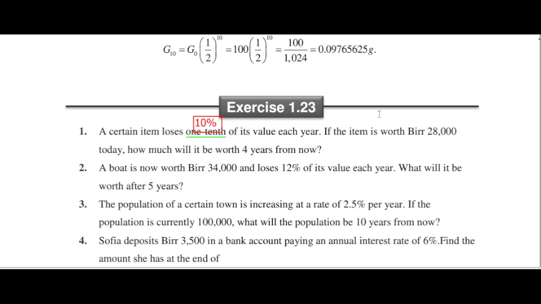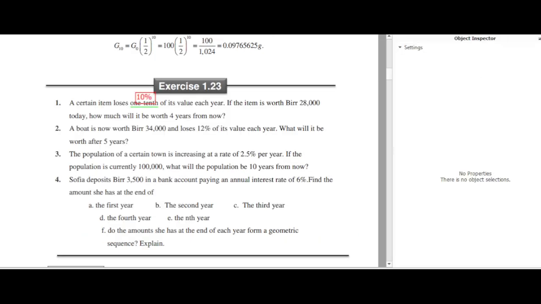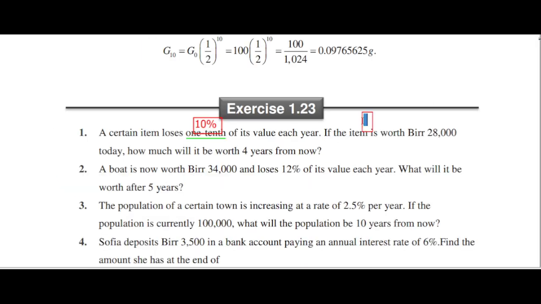We have the condition here. If the item is worth, per the initial condition, let's take this 28,000 as G naught. G naught is equal to 28,000. Now what do we compute?